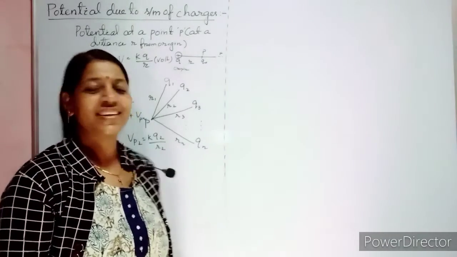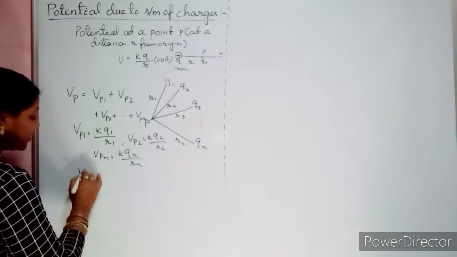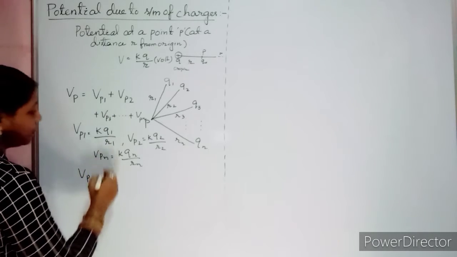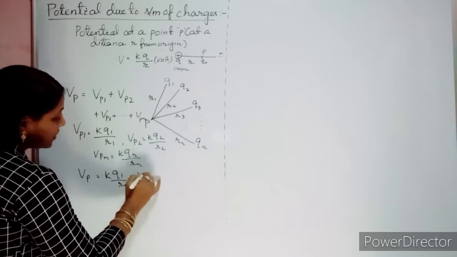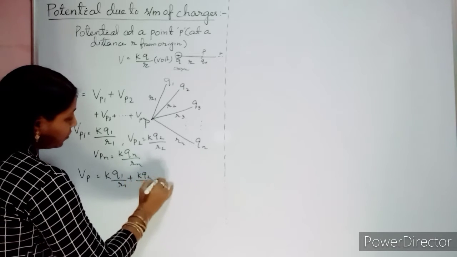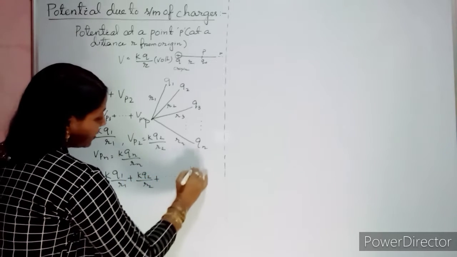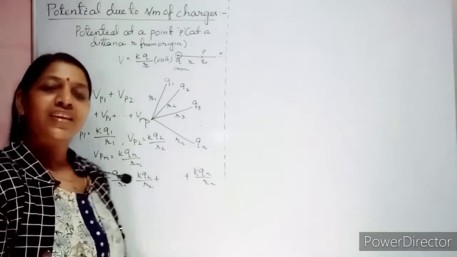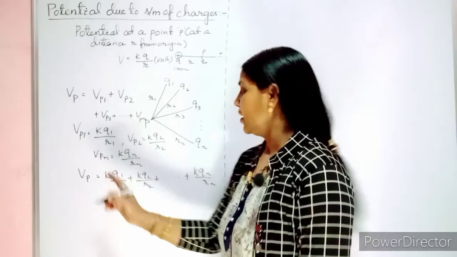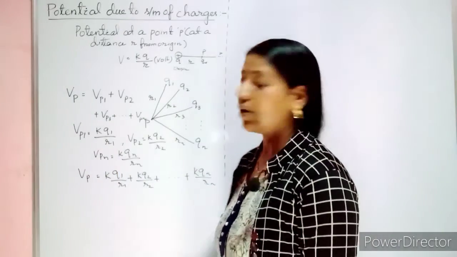So simple or not? So finally, what is your V net at the point P? It is equal to Vp1 plus Vp2 and so on, so KQ1 by R1 plus KQ2 by R2 plus up to KQn by Rn. Now you can observe from here that K is common in all.